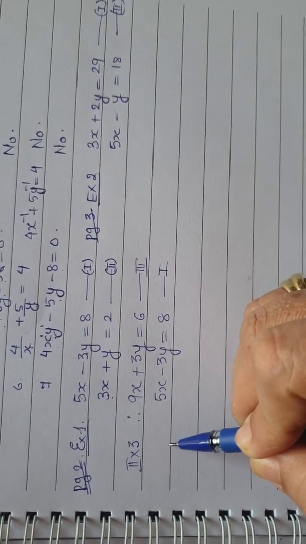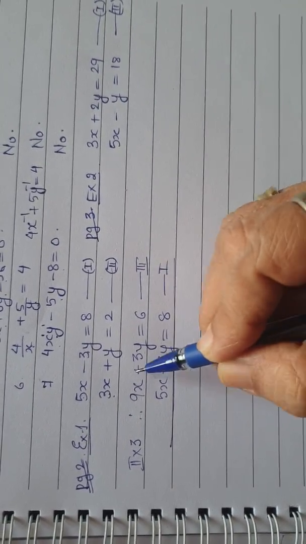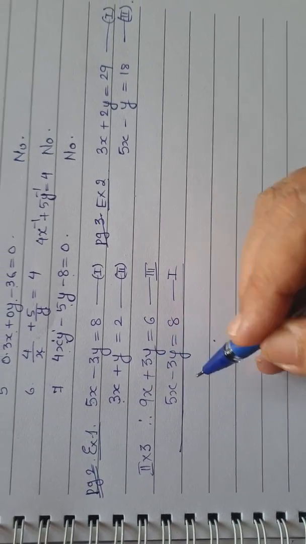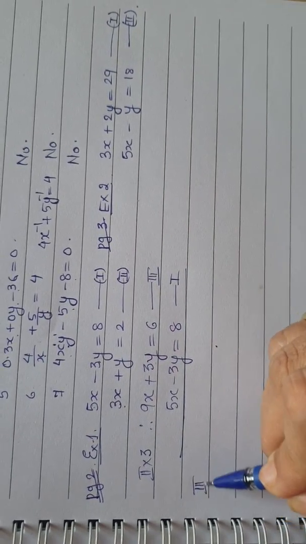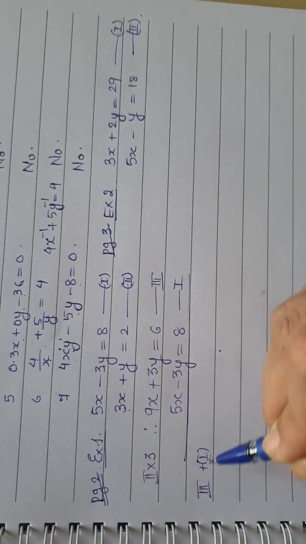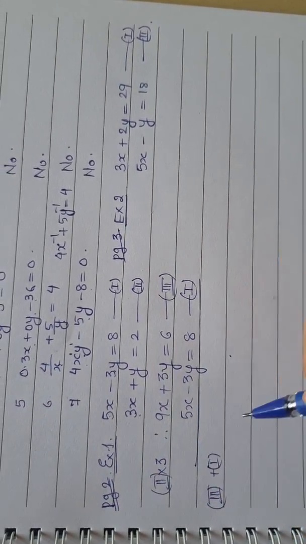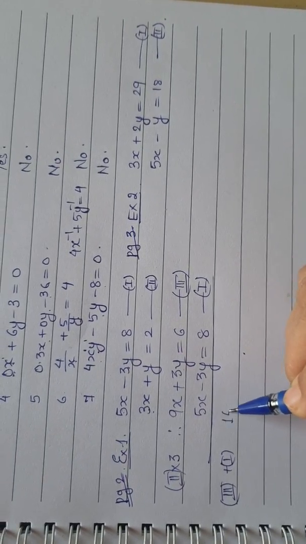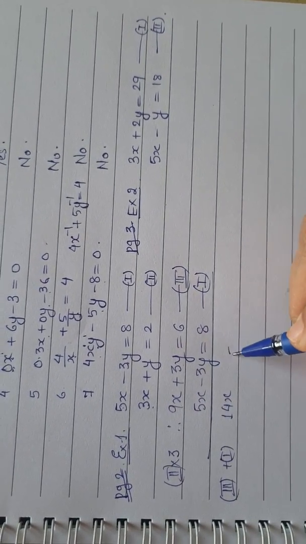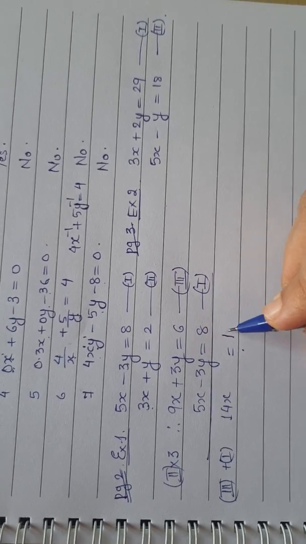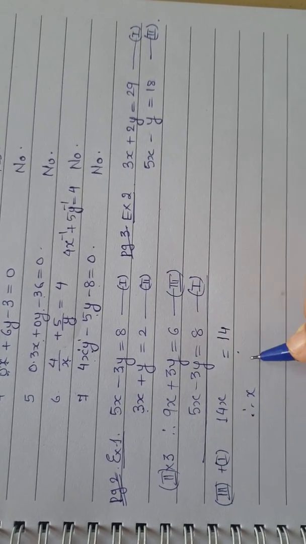And we can see that the signs are different. So we can just add equation number 3 with equation number 1. You can put this in brackets for the safer side to understand it better. So this becomes 14x, the plus 3y minus 3y gets cancelled, 8 plus 6 is 14. So the value of x is equal to 1.